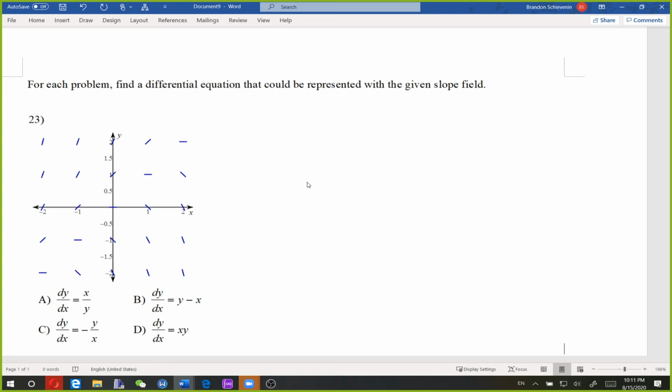So can anyone give me one x and y value where the slope is 0? Okay, at 0, 0 and 1, 1, dy over dx equals 0. Okay, so I'm just going to go through these and see if that's true.